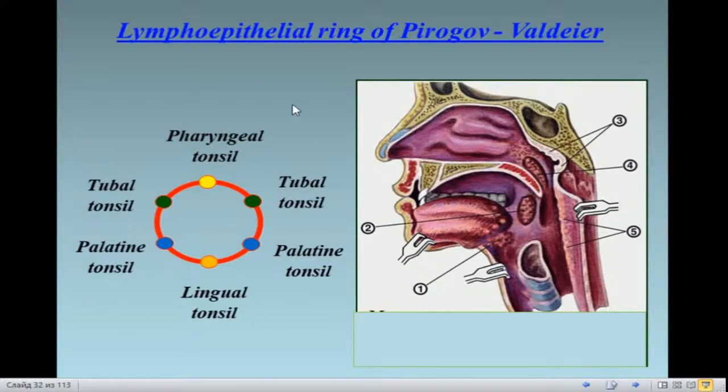So all these tonsils, 2 paired, tubal and palatine, and 2 unpaired, pharyngeal and lingual, altogether form the lymphoepithelial ring of Pirogov-Waldeyer. This is the immune barrier on the way of infection towards our body. If this immune barrier works well, the infection will not get down. Instead, we'll have inflammation in this area, and there it will stop. It will not go further.